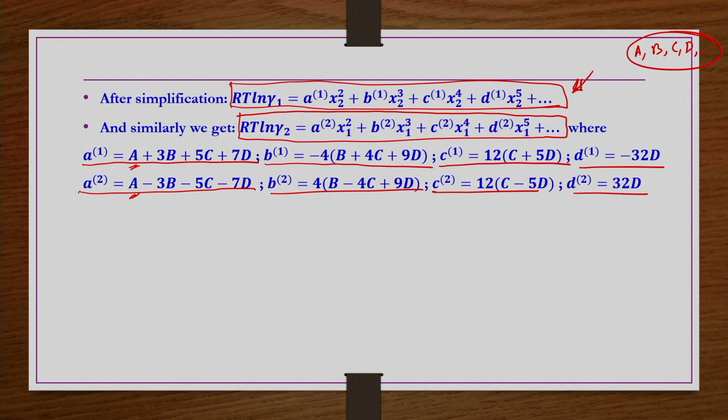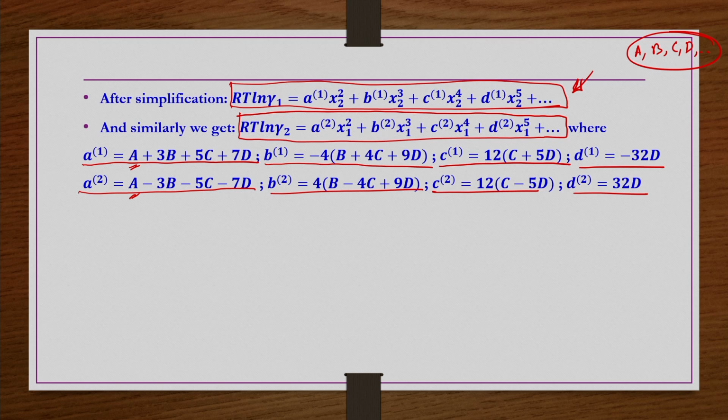Whereas the small a1, small b1, small c1, small d1 etc. are multiplication factors of this x2 square, x2 cube, x2 power 4, x2 power 5 etc. So those multiplication factors, a plus 3b plus 5c plus 7d, like that, are given here. When you have only the A term in the generalized expression of Margules equation, that is the 2 suffix Margules equation, only this part will be there.